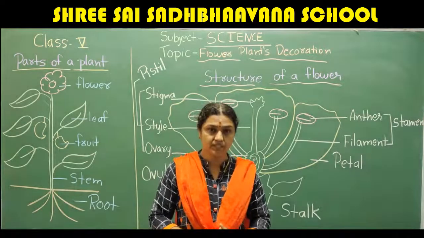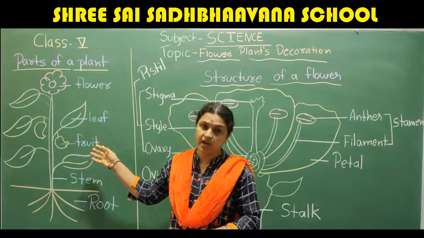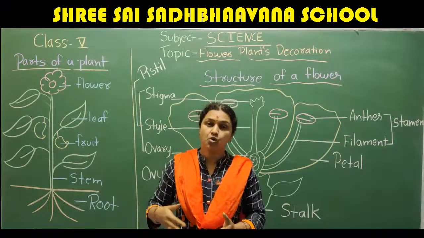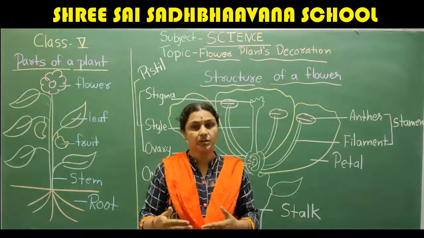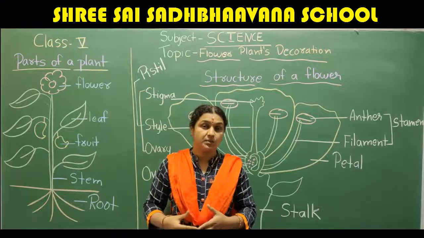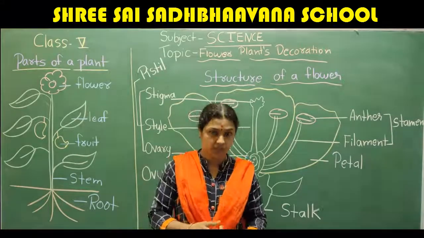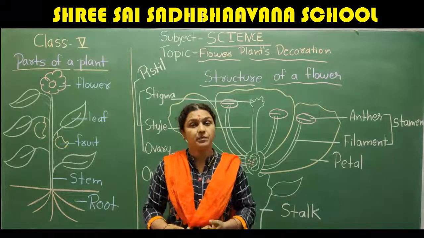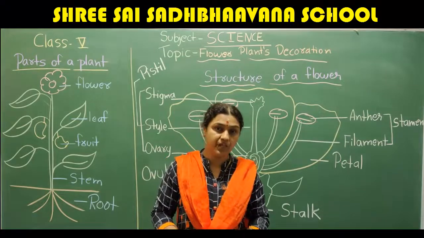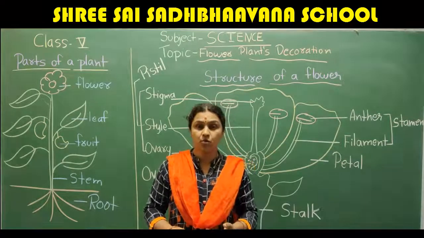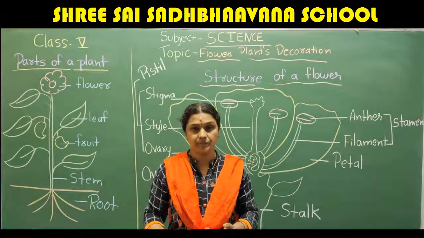Coming back to the living things, amongst the plants, there are a few common characteristics that our plants share. The plants reproduce, they prepare their own food, they breathe, and they also move in the direction of the sun.